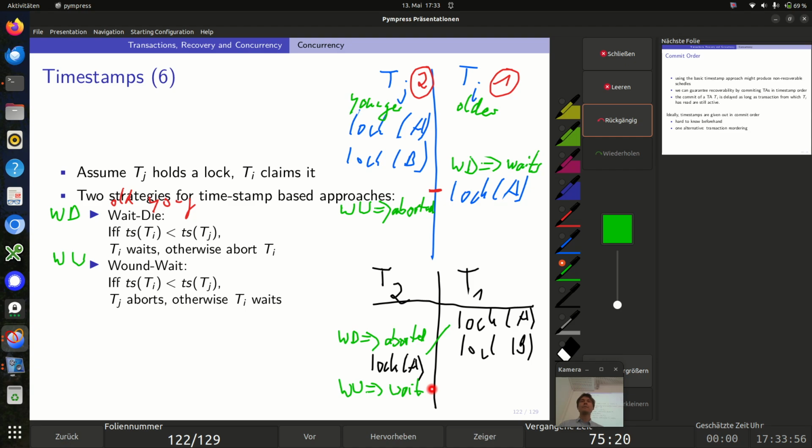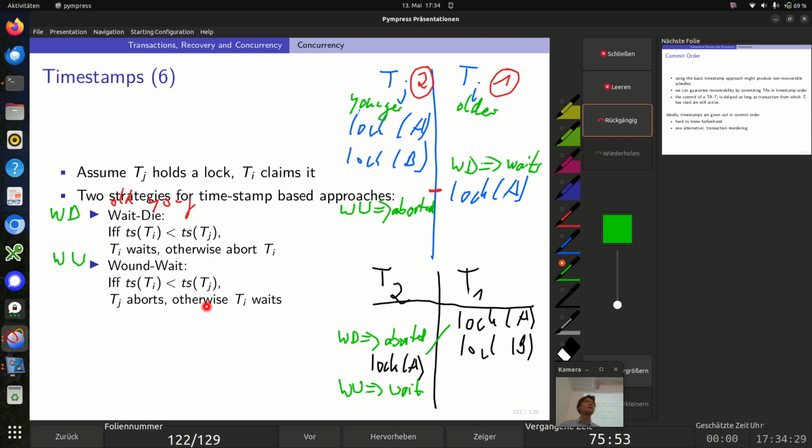No, it would wait. Who is the younger one? The younger one always aborts here. With wound wait, it would wait. No, only if an older one wants to acquire a lock held by a younger one, then the younger one has to abort, but it waits otherwise. It only depends on the timestamp.